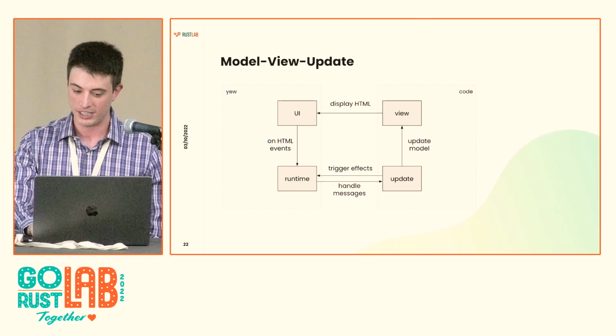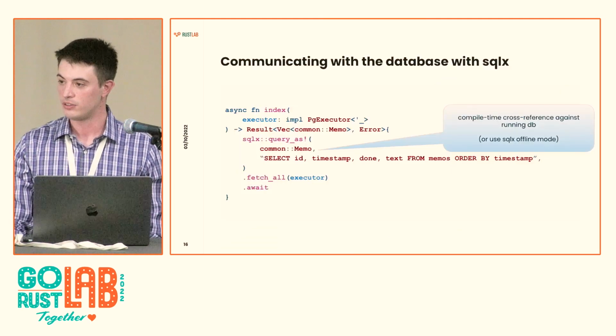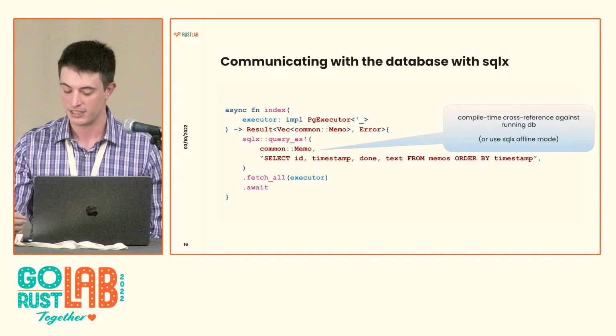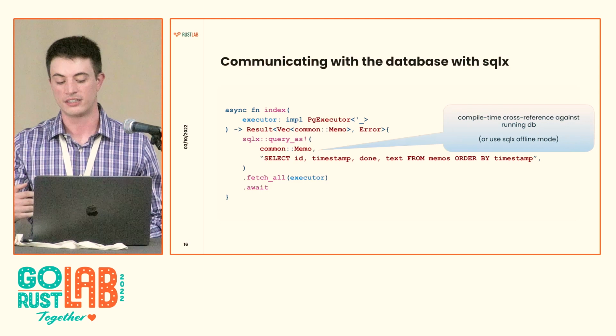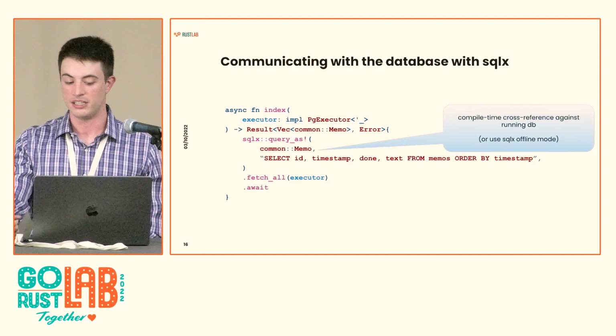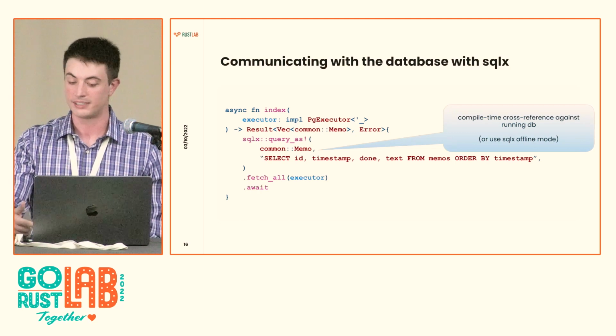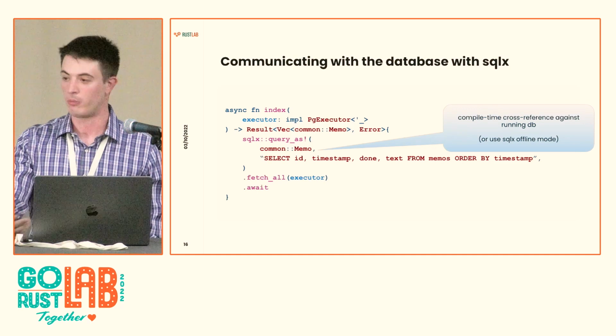Yeah, for the query as macro, which again requires the offline mode, I think here the rationale is different because SQLX provides this awesome compile time check, so that you know while you're developing if you're breaking stuff, right?